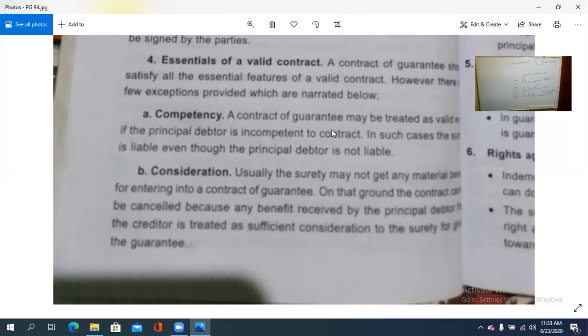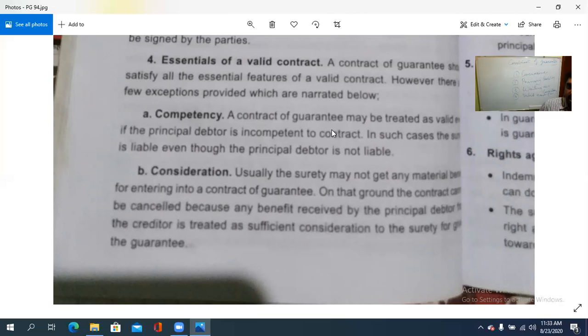Acceptance. So, a contract of guarantee should satisfy all the essential features of a valid contract. Some exceptions are there, the competency and consideration. Competency is what? About these two cases ഒഴിവാക്കി എല്ലാ valid contractന്റെ essentials എന്തെല്ലാം ഉണ്ടോ അതെല്ലാം ഇതിനും applicable ആണ്. So, competency.